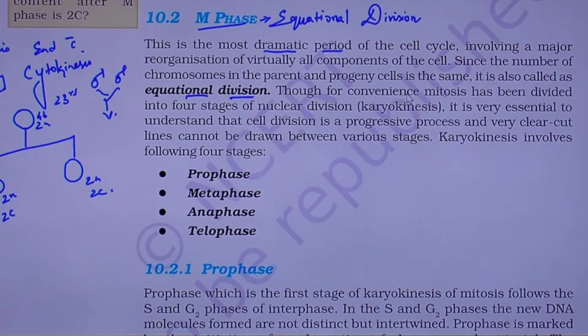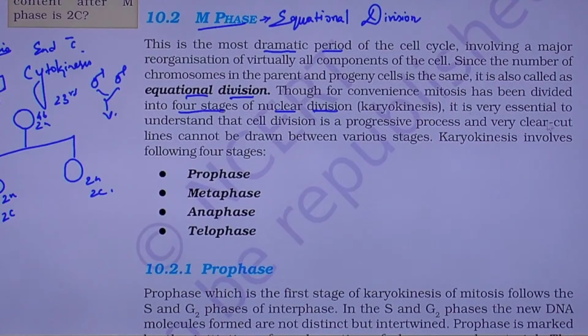For convenience, mitosis has been divided into 4 stages of nuclear division. What is nuclear division? Karyokinesis: kinesis means division, karyo means nucleus. In karyokinesis the mitosis is divided into 4 stages: prophase, metaphase, anaphase and telophase.